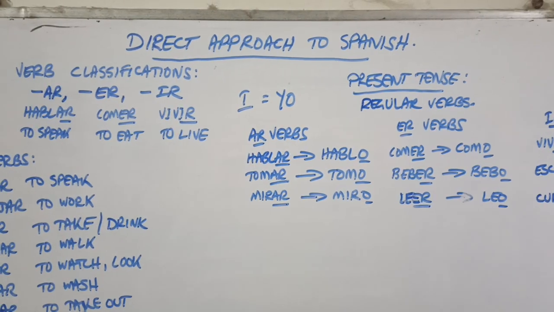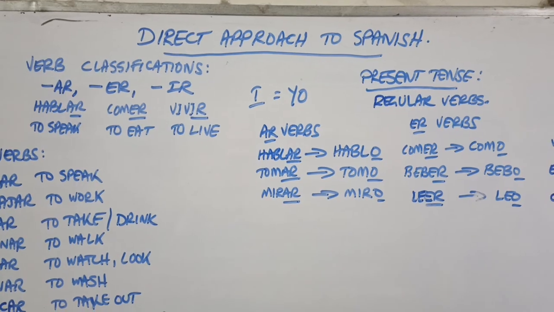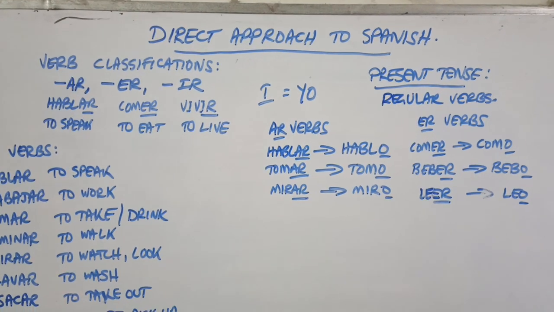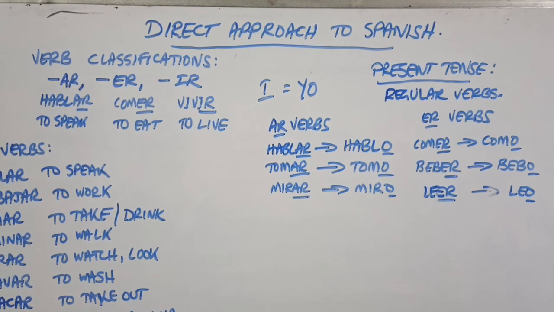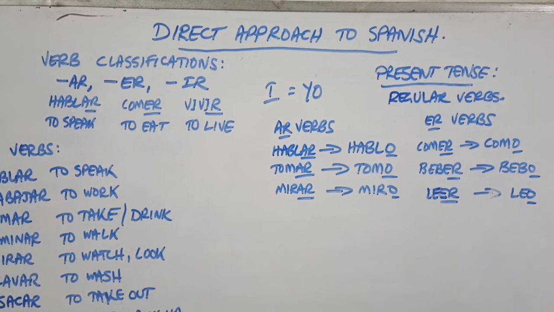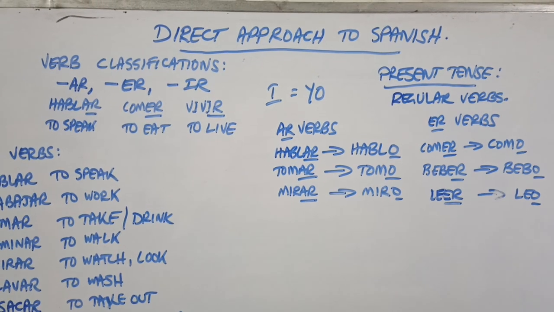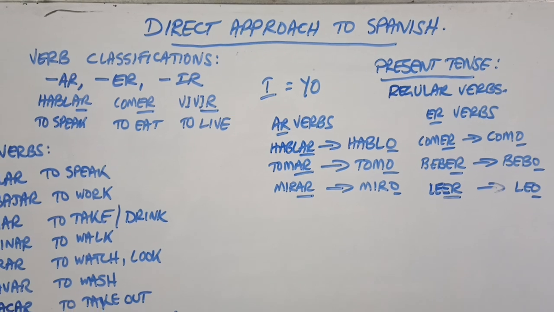How to speak and learn Spanish in the direct way. These are the patterns of Spanish. In Spanish, we have three verb classifications. Verbs end either in AR, ER, or IR.